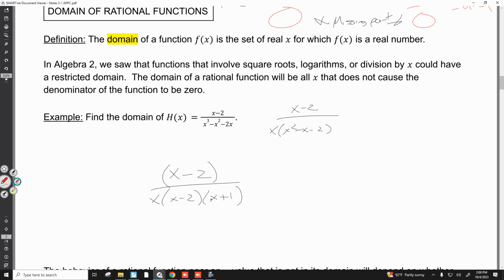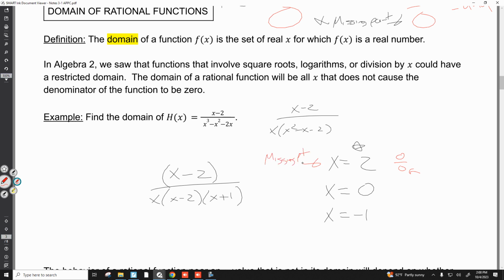But don't start crossing things off, because if you do, stuff is going to disappear on you. Here, we get important values. The top could equal 0 at 2. The bottom could equal 0 at 0, at 2 as well, and at -1. If I plugged in 2, I get 0 over 0. Oh, 0 in the denominator. This is a missing point.